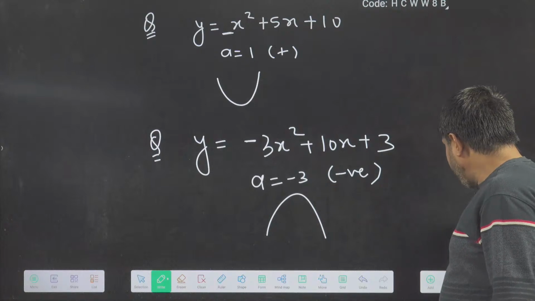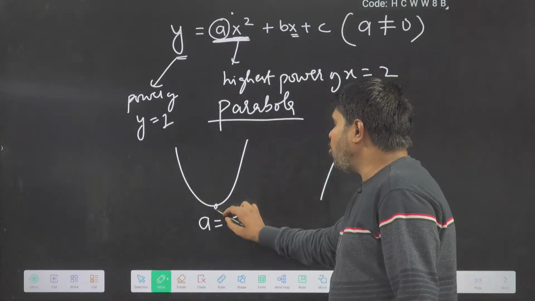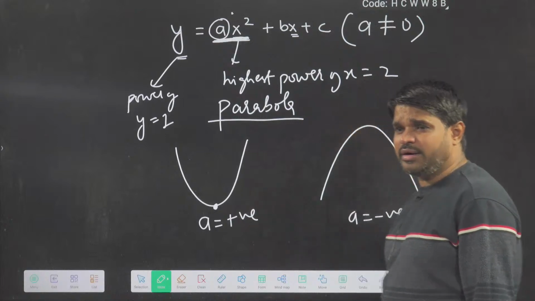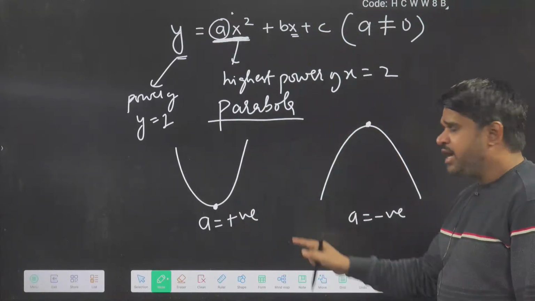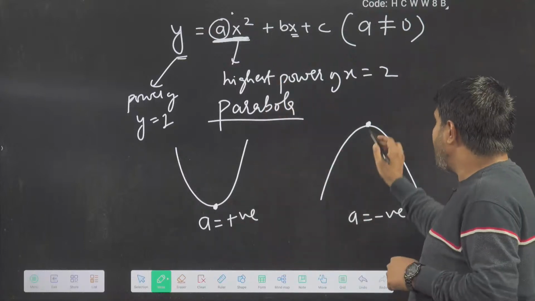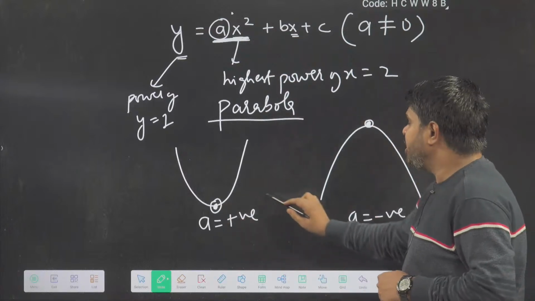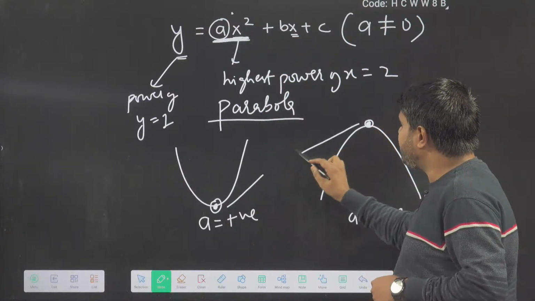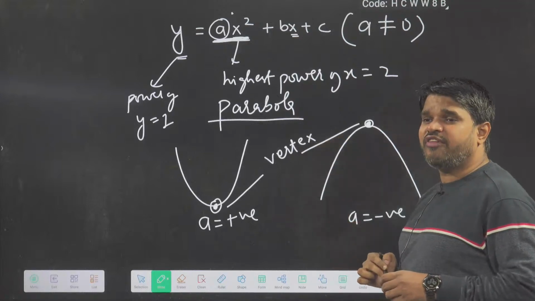Now everyone see this case. See this lowest point in the parabola or this highest point in the parabola. This is the lowest point for an upward opening parabola and this is the highest point for a downward opening parabola. These have a special name. They are called vertex.